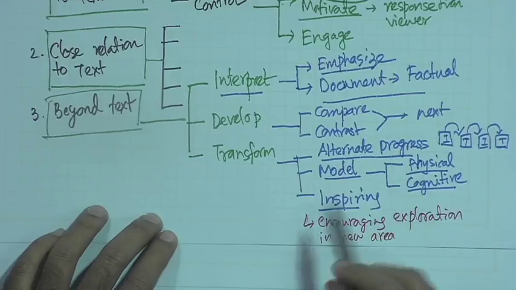So, you are opening up the horizon for your viewer to explore newer areas, and this is how you are trying to inspire them. So, this leads to an entire understanding of different degrees of connection between image and text, and where you can utilize many of them together.